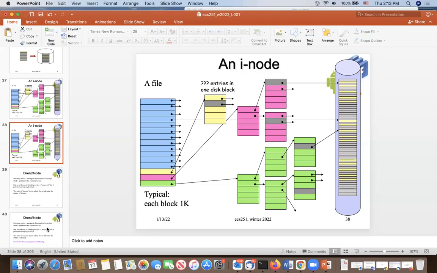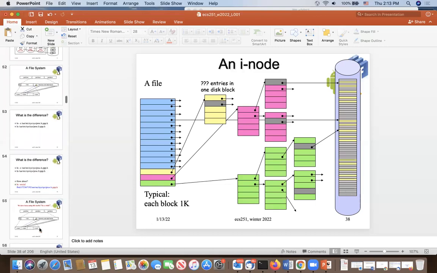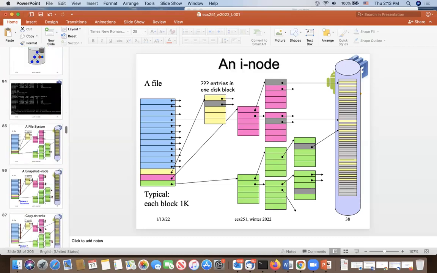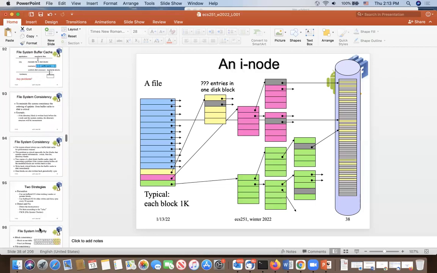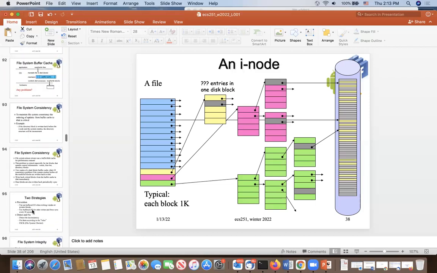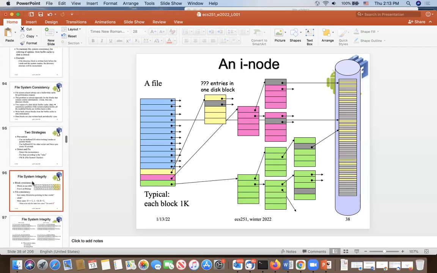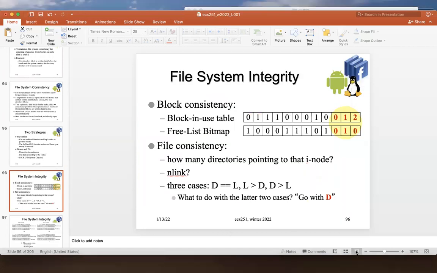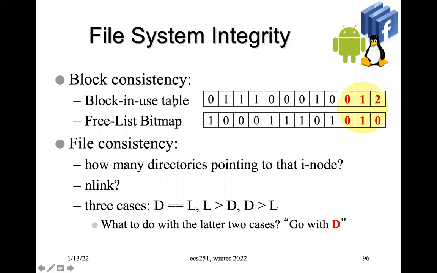Okay, so now I'm going back to my slides here. Professor, I have a question. Go ahead. So the block use count is generated each time the check begins? The block in use table? The block in use table is generated when you perform fsck, the file system consistency check.